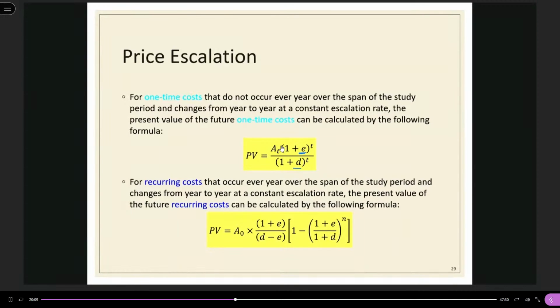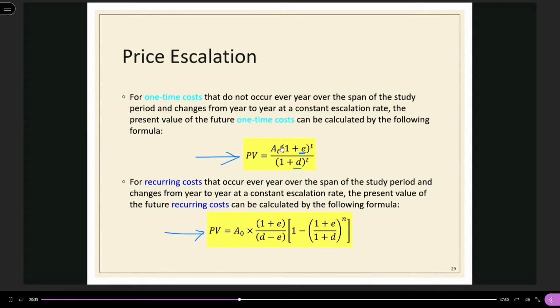For recurring costs that occur every year over the span of the study period and change from year to year at a constant escalation rate, the present value of the future recurring costs can be calculated by the following formula. So this is for the one-time cost, and this is for the recurring cost.